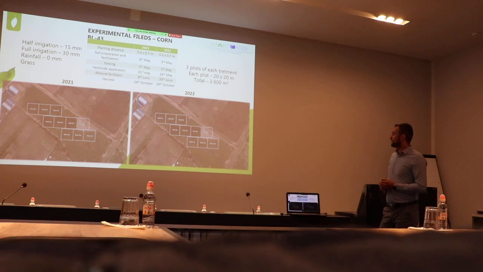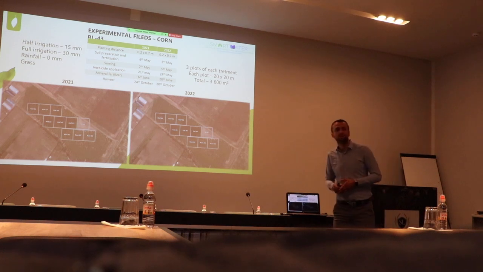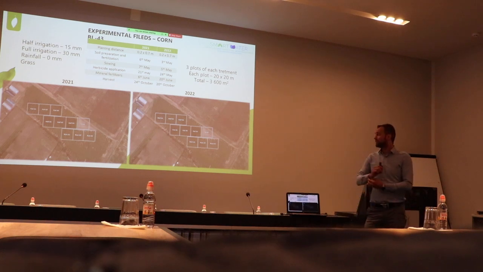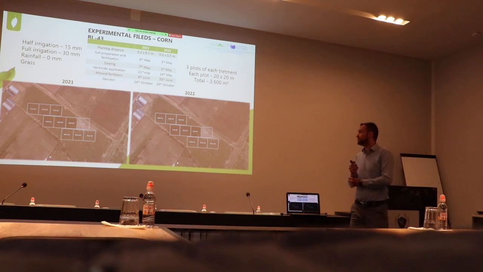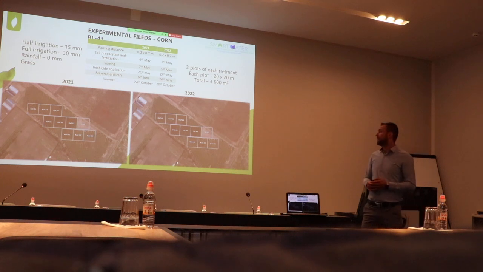Also, we had 3 treatments. One treatment was with full irrigation norm, around 30 millimeters, and half irrigation norm or deficit irrigation norm, 50 millimeters, and the plots without irrigation.